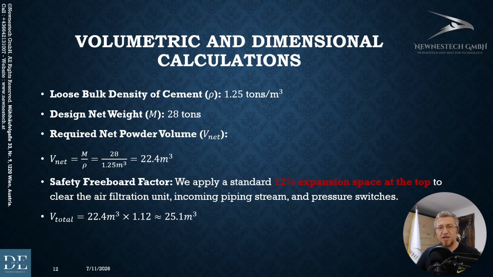However, we cannot fill a silo completely to the brim. We must apply a standard 12% safety freeboard factor at the top. This expansion space accommodates the air filtration unit's internal clearance, the incoming pneumatic stream, and high-level pressure switches. Incorporating this factor brings our total required internal volume to exactly 25.1 cubic meter.